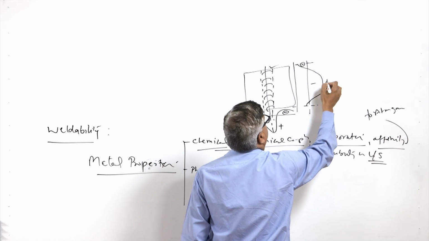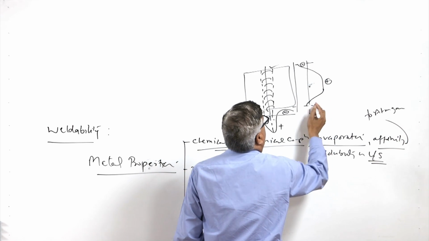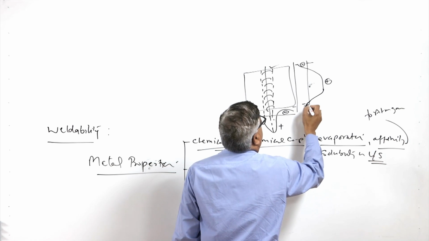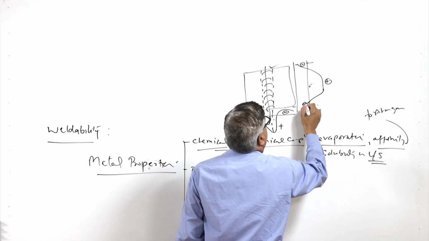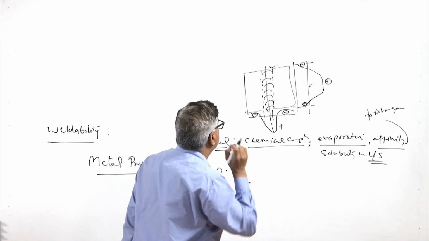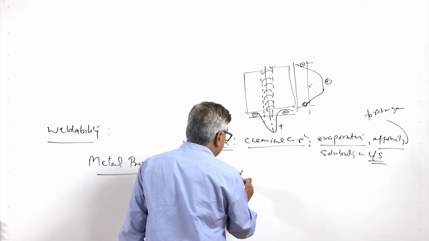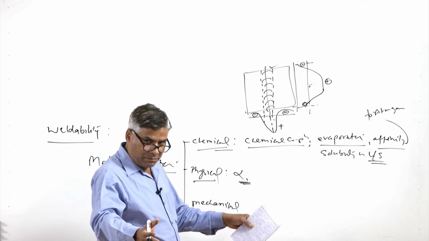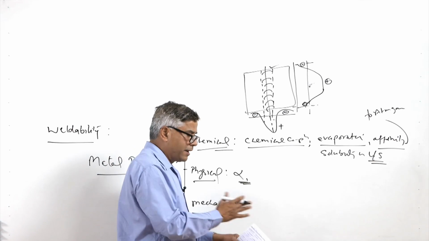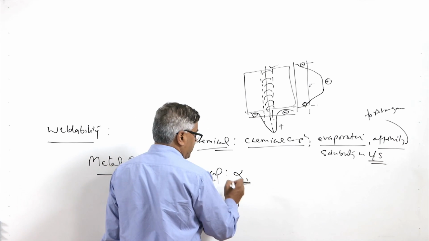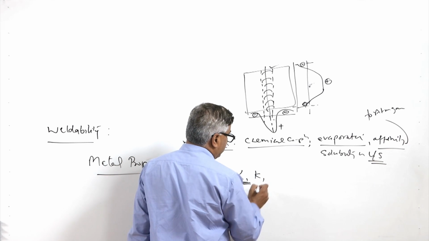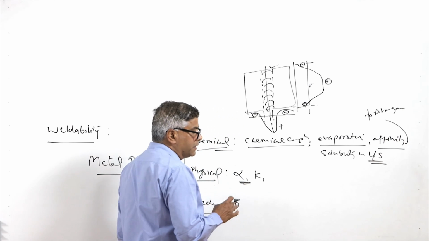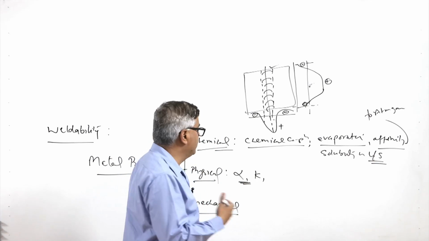At the center it is tensile, and at the ends it is compressive. So, the maximum magnitude of the residual stresses in the weld joint, and the distance up to which residual stresses will be there around the weld joint, are influenced by alpha. K is the thermal conductivity of the metal, which determines the amount of heat that we need to supply during the welding.